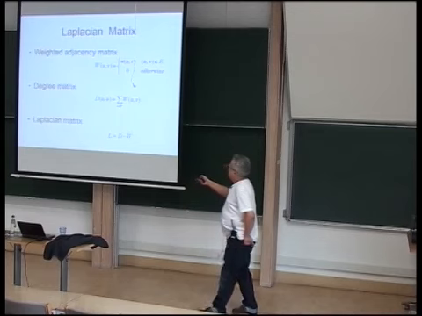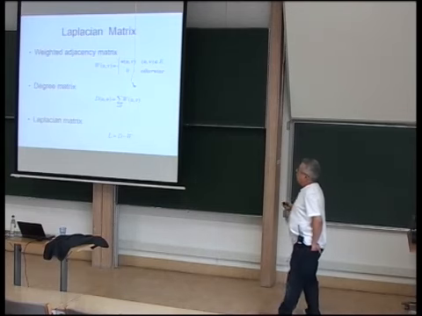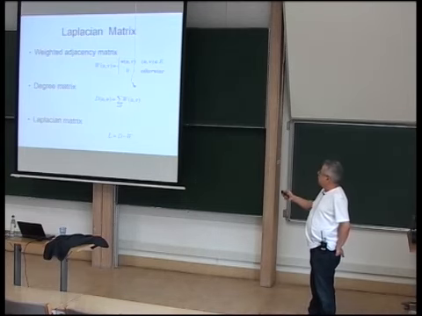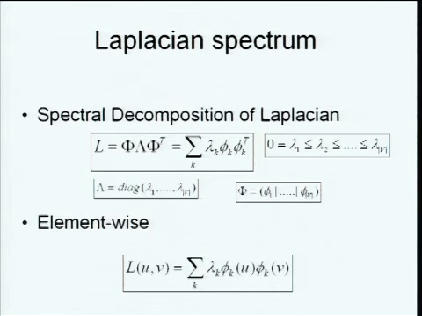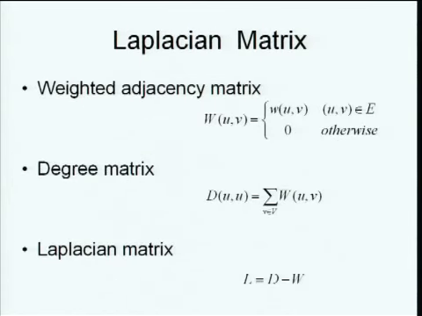We start with an adjacency matrix, or a weighted adjacency matrix. For each node in the graph, we compute the degree, which is the sum of the edges or the sum of the weights incident on a particular node. And then the Laplacian matrix is just the degree matrix minus the weight matrix.